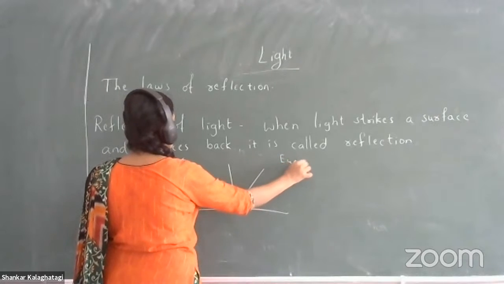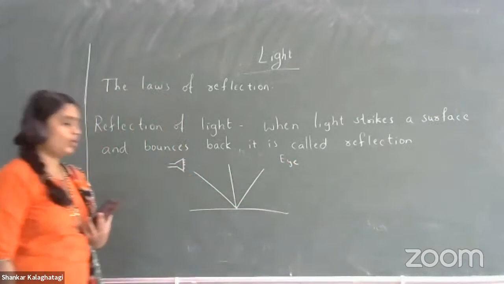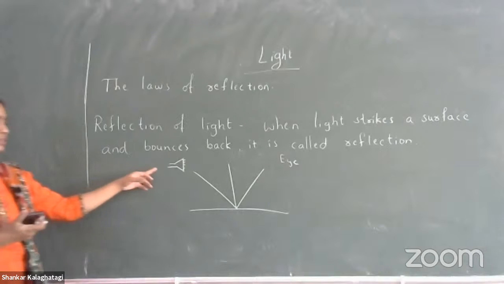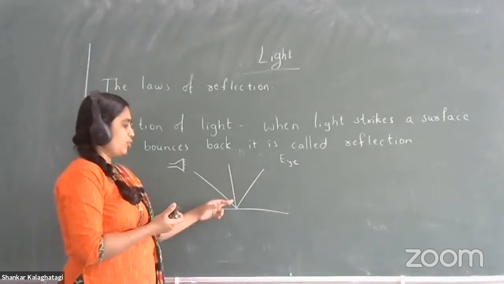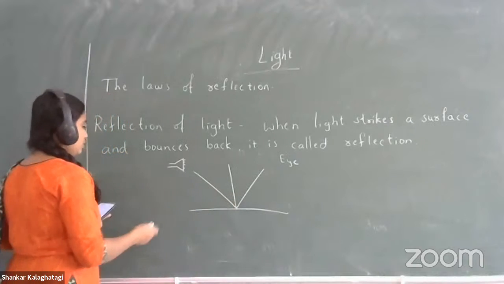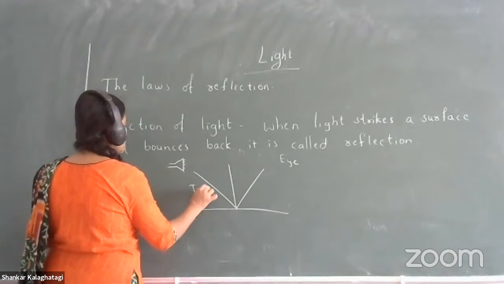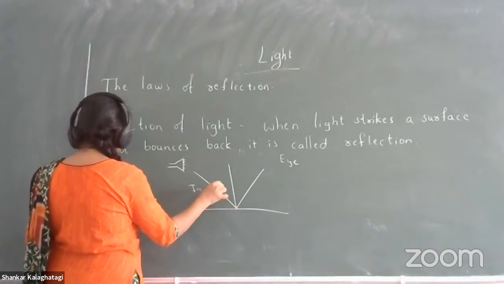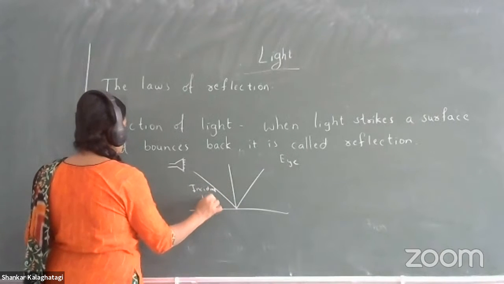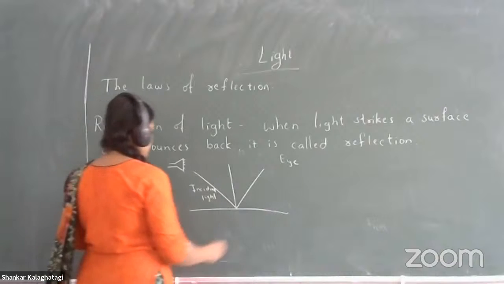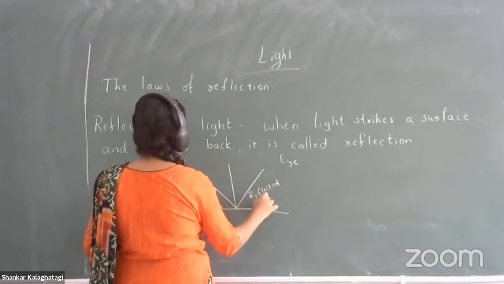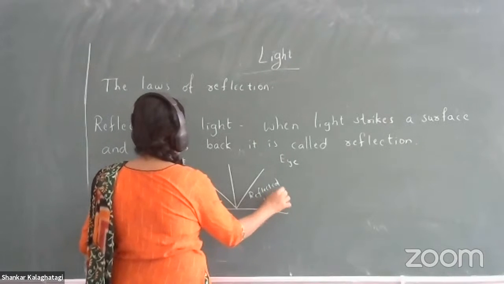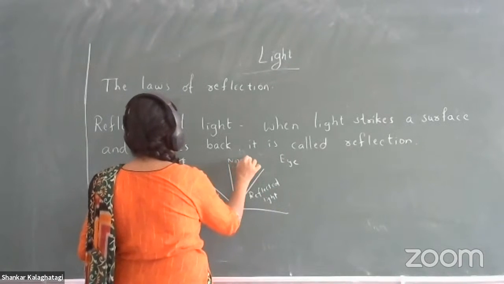Ma'am, what is that? You draw this. When light falls on the surface, it reflects the light. Okay, this is a normal. This line we call incident light. This is reflected light. This is normal.